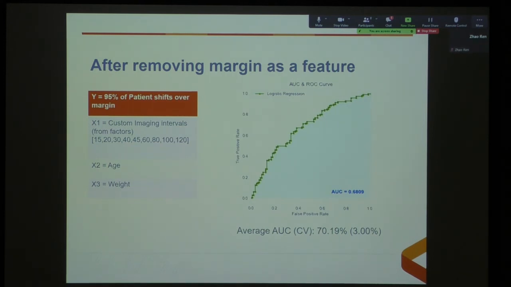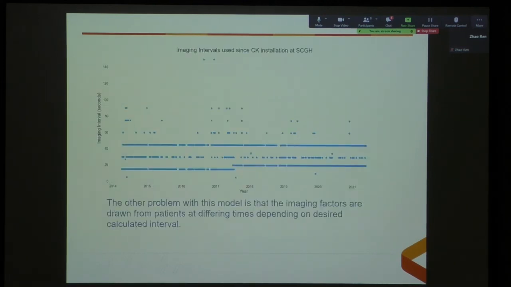There's a few models I'm using on the data, but I'm just showing you this for today, of the imaging frequency, the age of the patient, the weight of the patient. You can see the performance significantly drops off. And considering if it's about 50%, that's the chance that we're going to get when predicting a binary variable. It's not learning enough from that data.